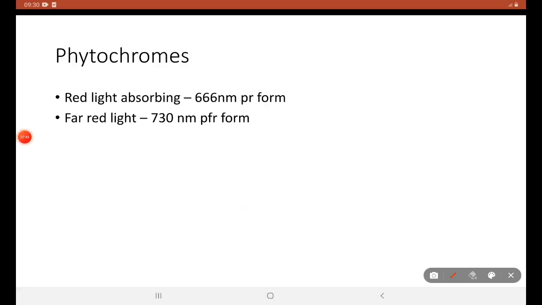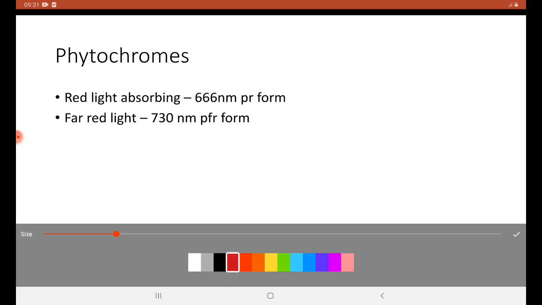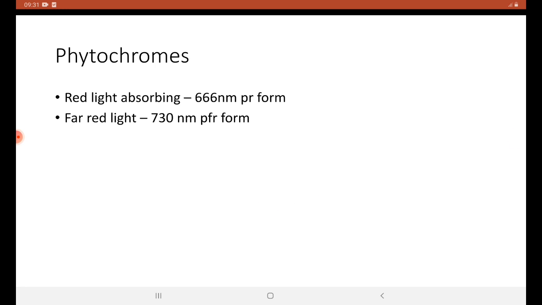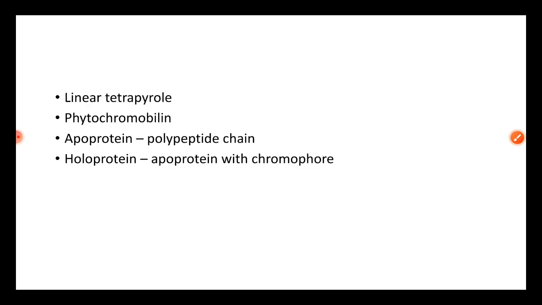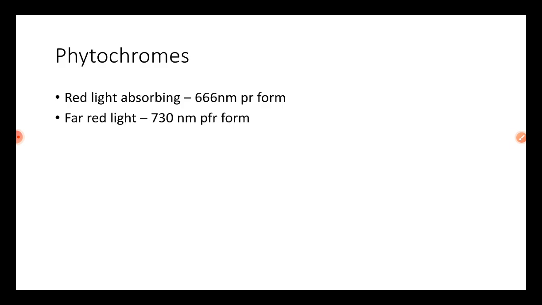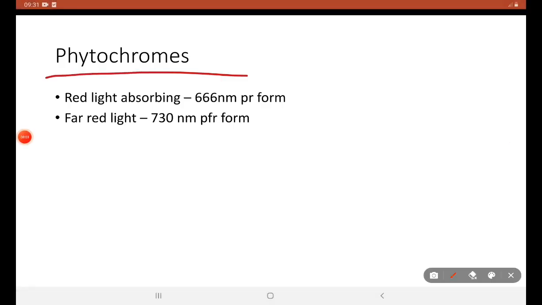Next we are going to see about the nature of these phytochromes. This chromophore is autocatalytic and it occurs spontaneously. Phytochrome can be found in two photoreversible forms.